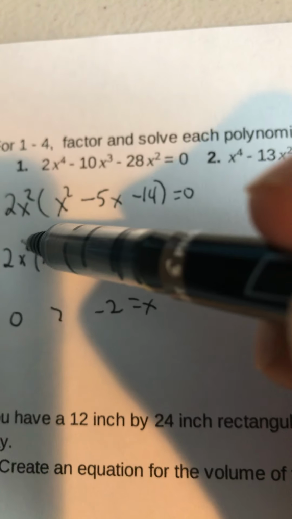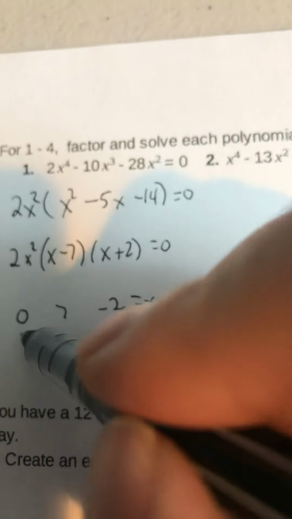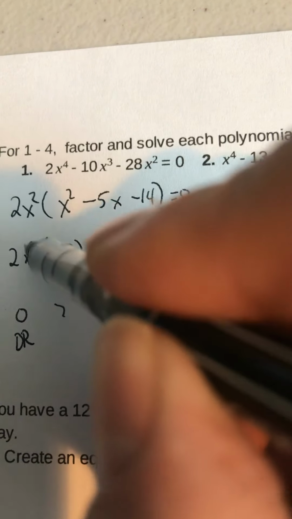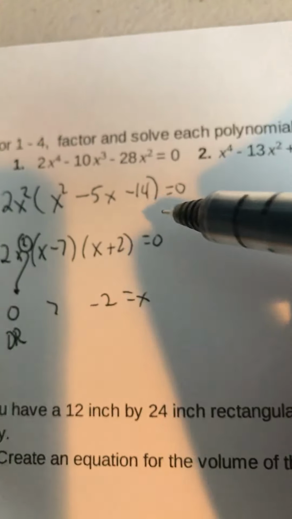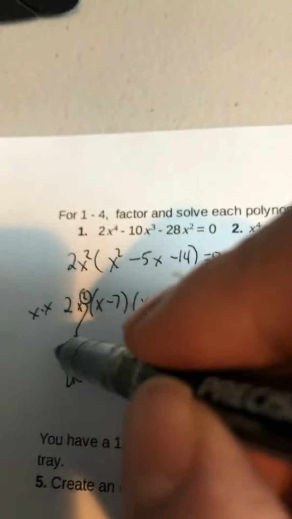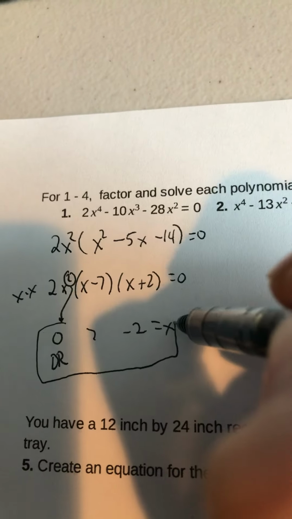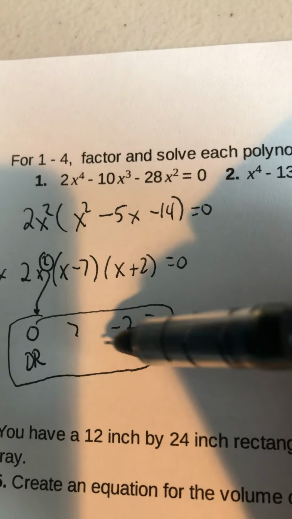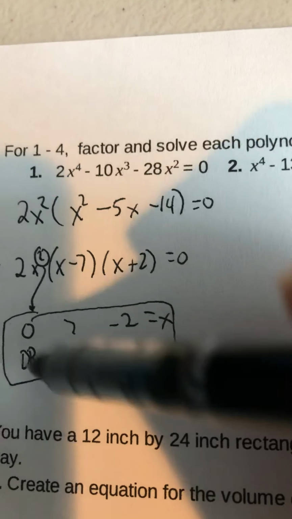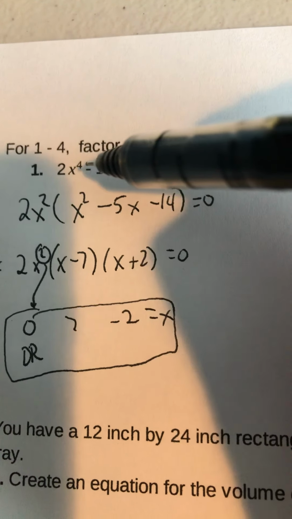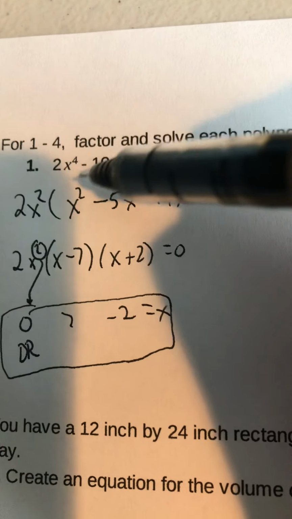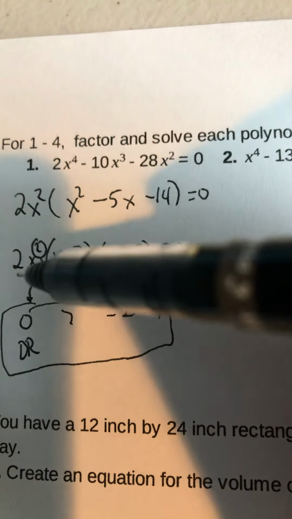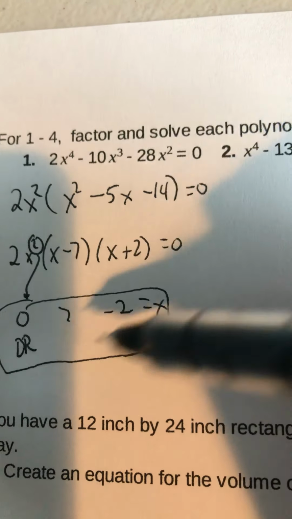Now note, it's x squared, which means 0 is a double root because of that squared piece. That's like an x and then another x. So there are our 4 solutions here. I know there's only 3 numbers, but the 0 counts as 2 of them, so we should always be able to find whatever our lead power is. So if it's a 4th power, that means there should be 4 zeros.